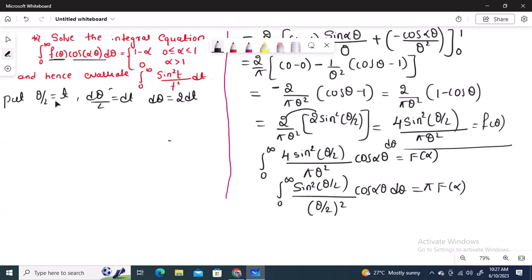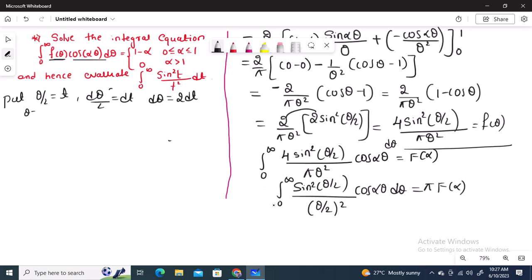Whenever we take substitution like this, we have to check the limits of the function also. The main intention of the substitution is what? We are converting this θ into another variable, that is t. At the same time, we have to convert the limits of θ in terms of limits of t. So what happens to the limits? You just check here.